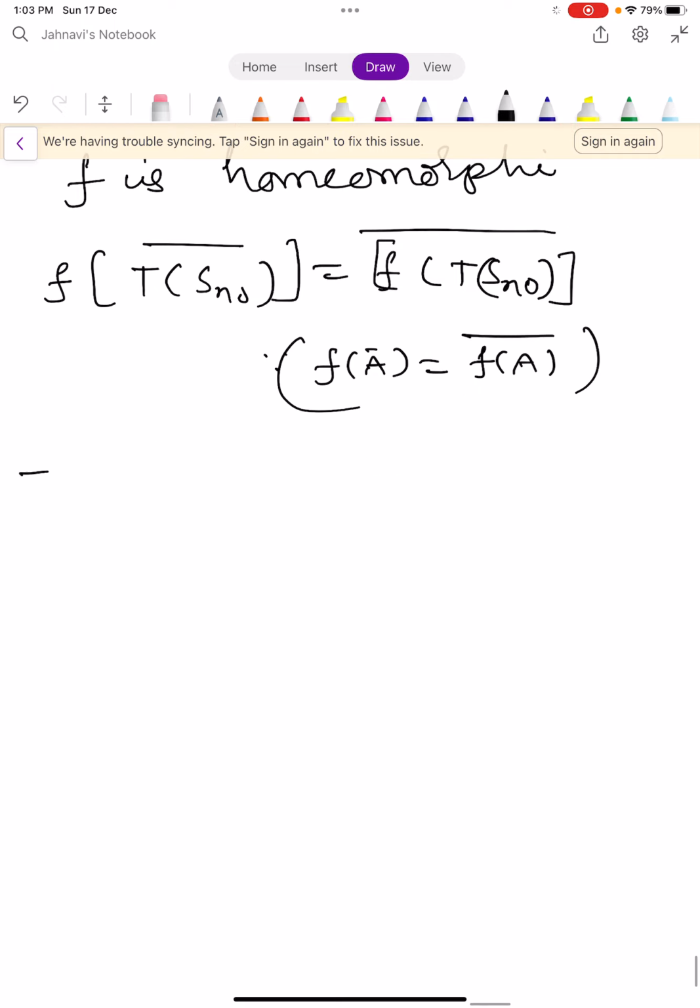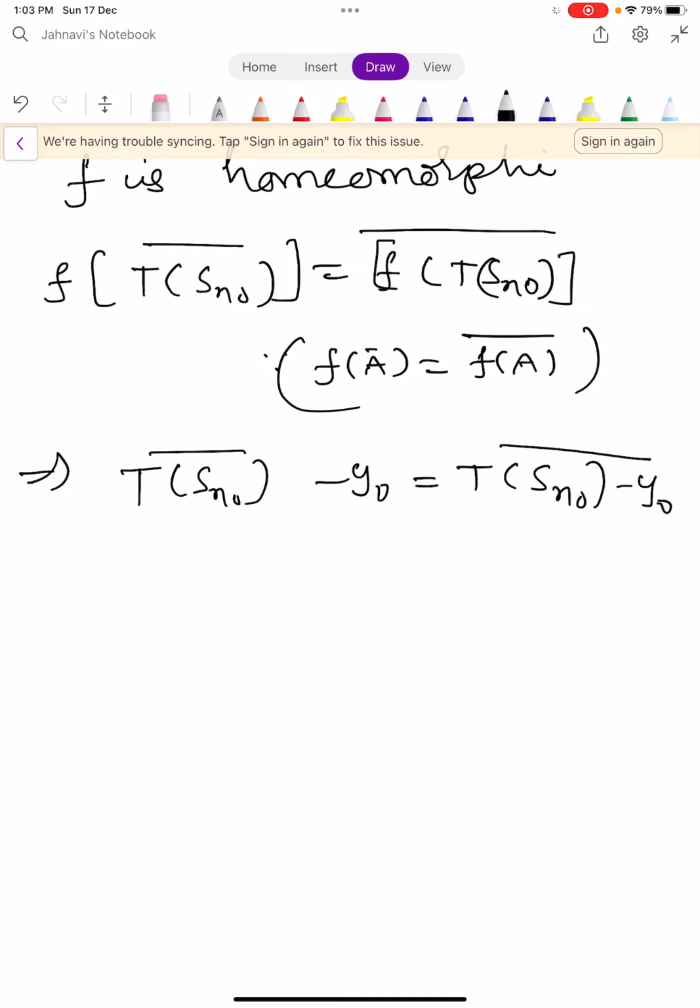So this condition implies T of Sn naught bar minus y naught is equal to T of Sn naught minus y naught whole bar, which is a subset of 2n naught T of S1 bar. Let it be equation number 5.